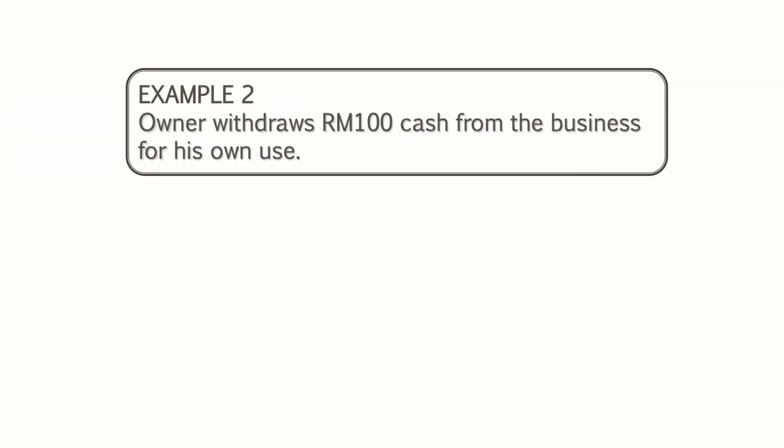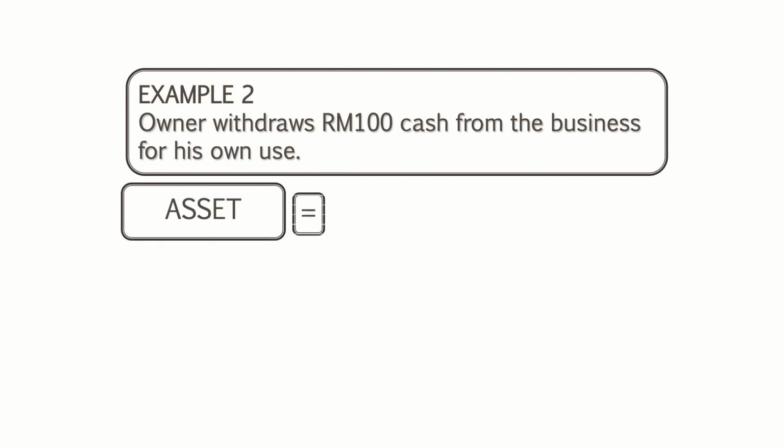The owner withdraws RM 100 cash from the business for his own use. Pemilik telah mengeluarkan RM 100 daripada perniagaan untuk kegunaan sendiri. So the key point: the owner is withdrawing RM 100 cash. When the owner withdraws RM 100 cash, that means the cash will go out, right?